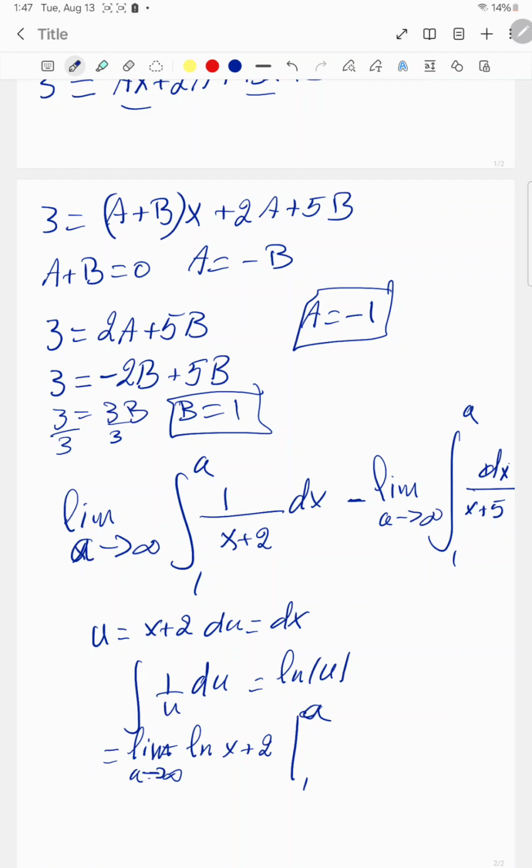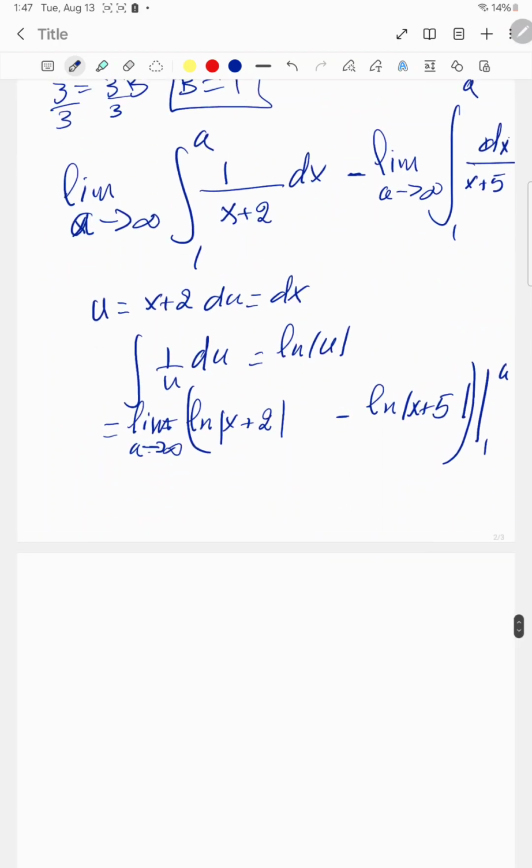And same thing, the second one becomes minus ln of x plus 5 between 1 and a. And let's take out this, and let's put parentheses here. Okay? And here it's absolute value.